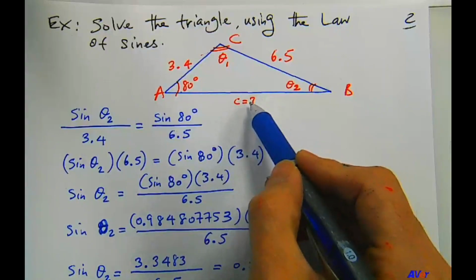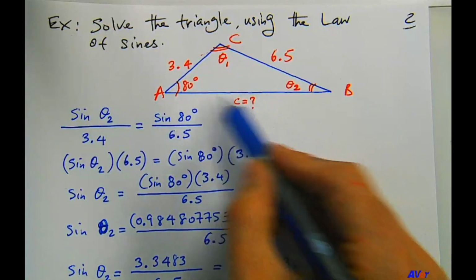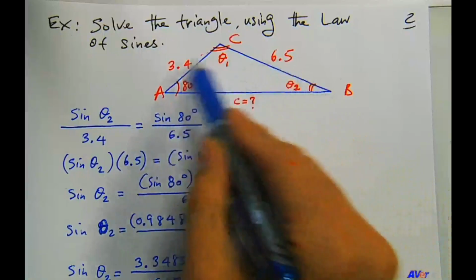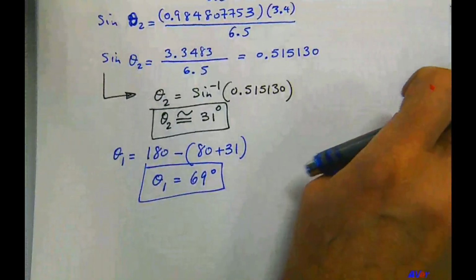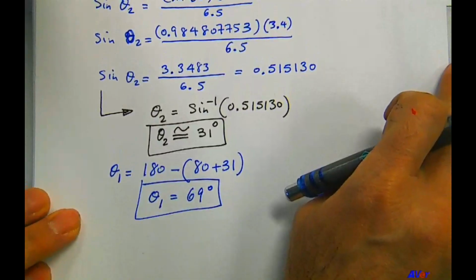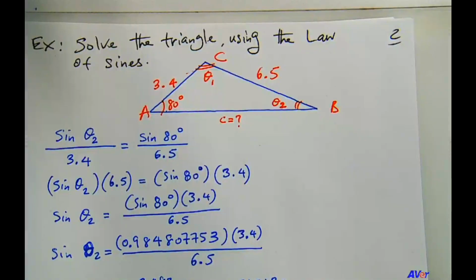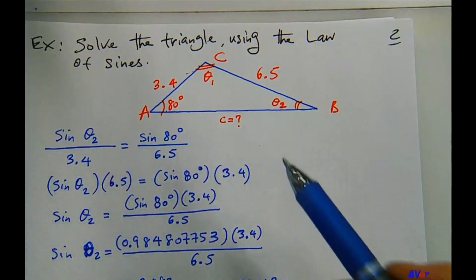All we have to do now is find C, this length of the side AB, because we have the other two sides. And for that, once again, we can use one of the angles that we just found, right?